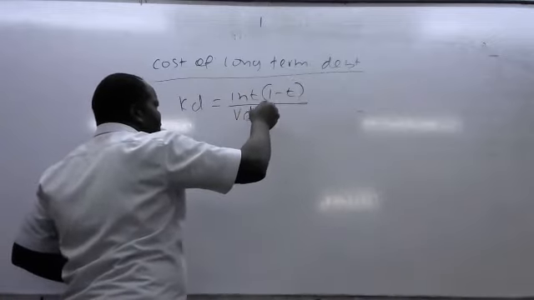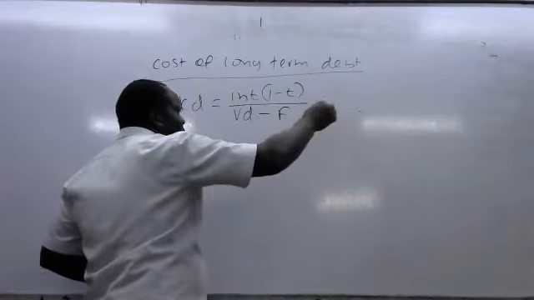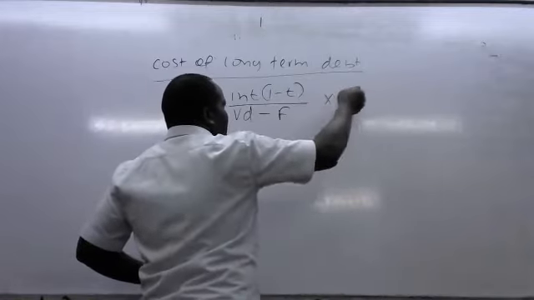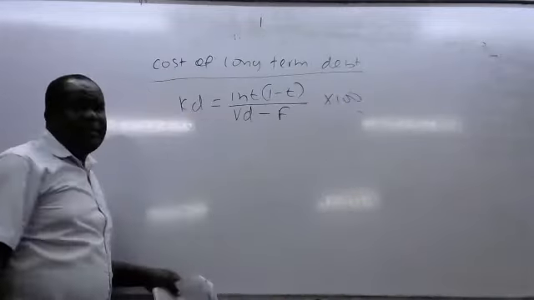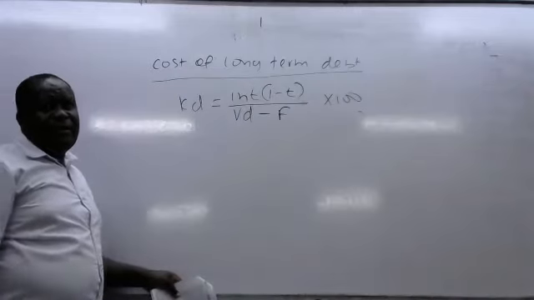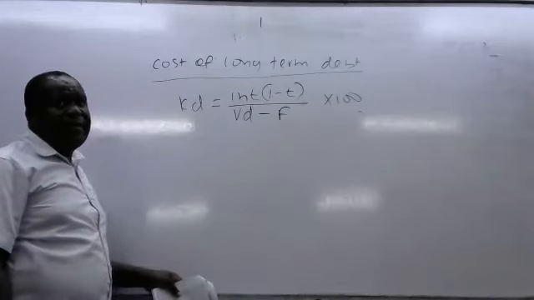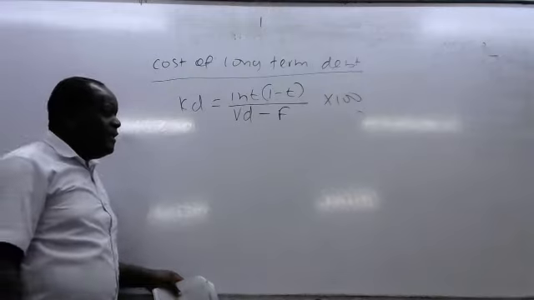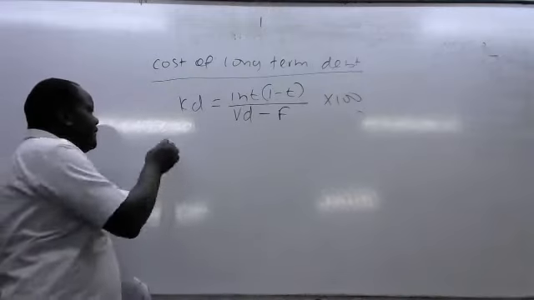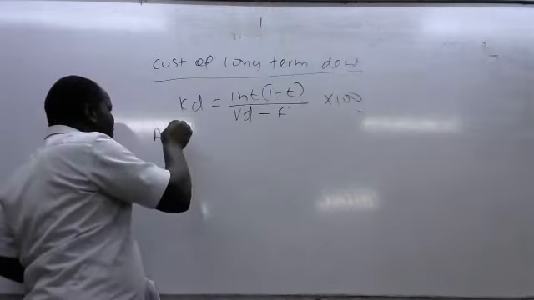Current value for the debt minus the flotation cost. We normally express it as a percentage. So that KD is the same as after tax cost of the debt.